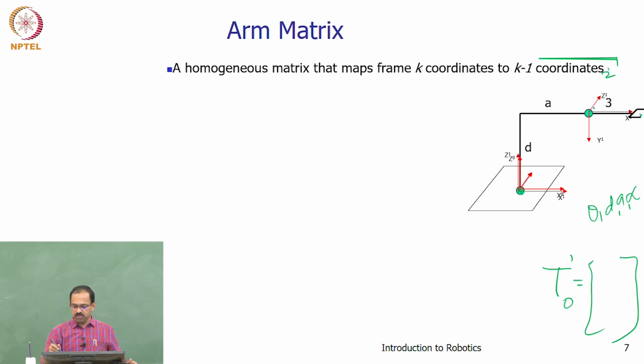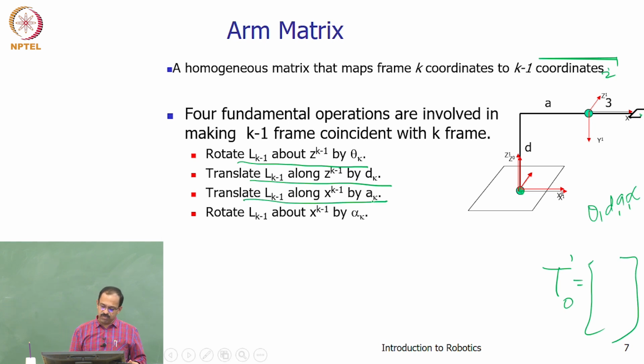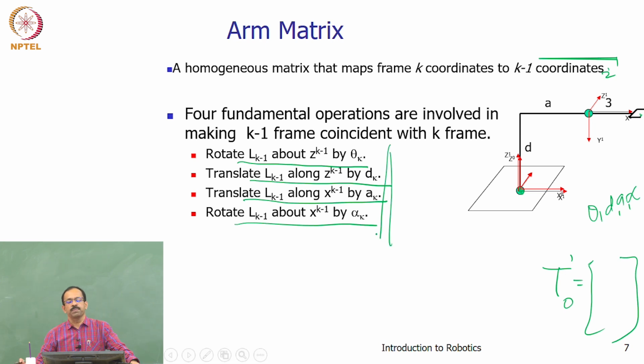So it can rotate with respect to the z axis and you will get a rotation about theta also. So all the transformations can be represented using these 4 fundamental operations: rotate θk about Zk-1, translate dk along Zk-1, translate ak along Xk-1, and rotate αk about Xk.